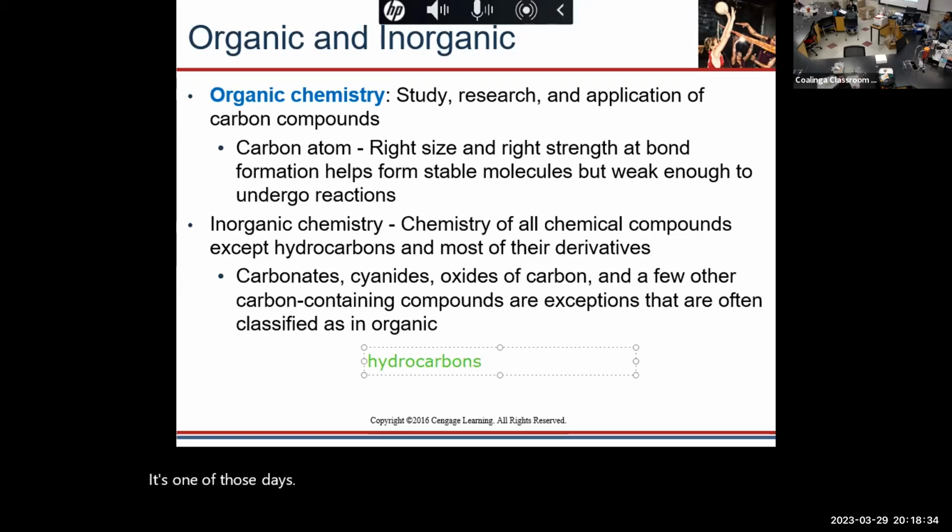Hydrocarbons have only hydrogen and carbon. Hydrocarbons are organic.